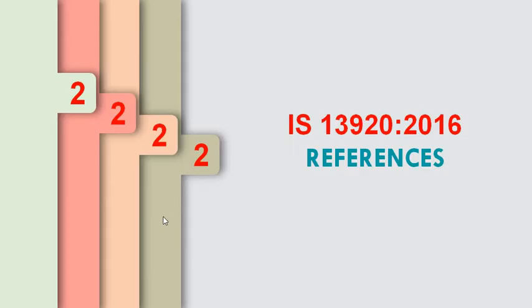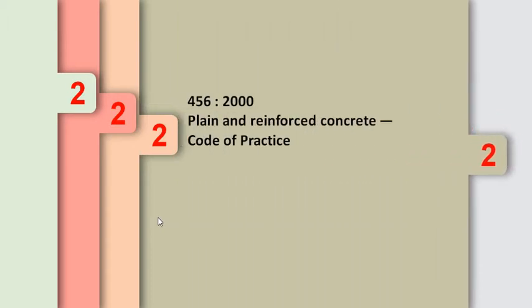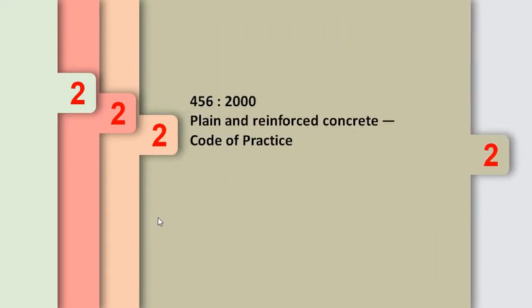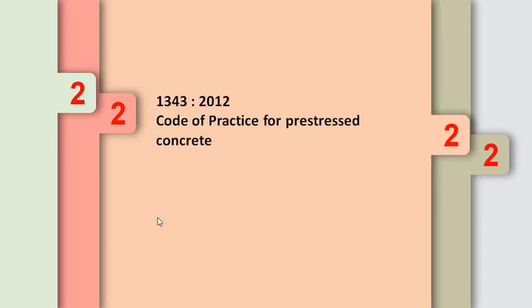Then we move to the references that are used in this code. The following standards contain provisions which through reference in the text constitute provisions of this standard, like IS 456:2000, then 1343, that is code of practice for prestressed concrete.